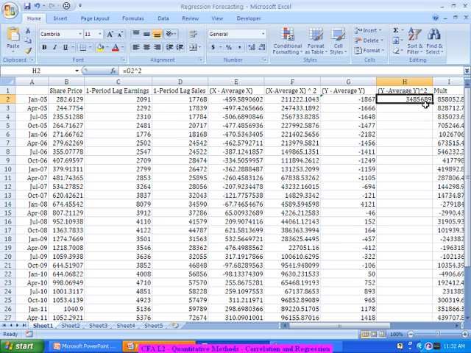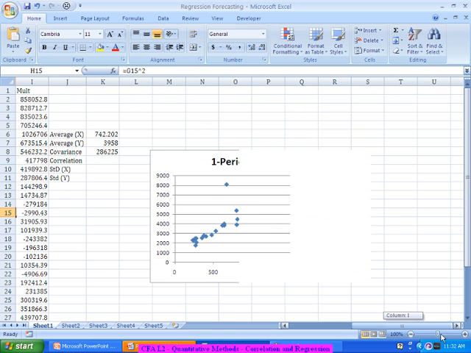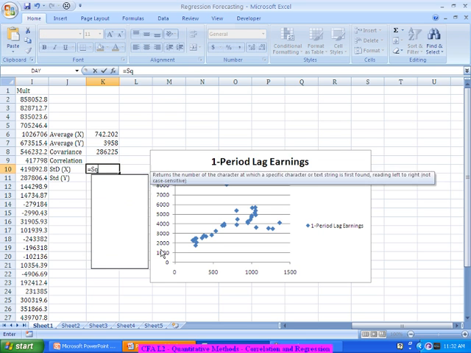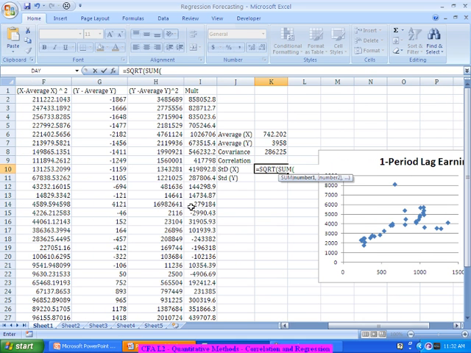Alright. Now my standard deviation is nothing but x minus x bar squared added up divided by n minus 1. So that is where here I am taking the square root of x minus x bar squared totally added up, which is the summation of x minus x bar squared divided by n minus 1, which is 31 again in our case.